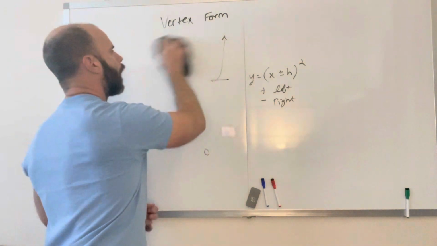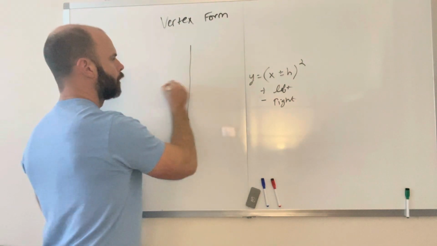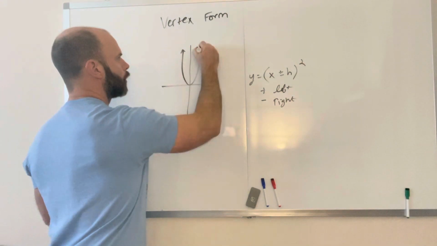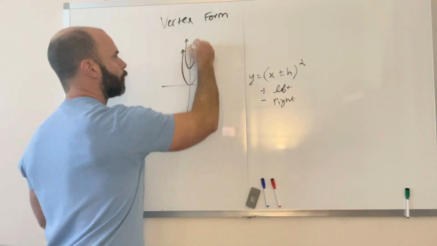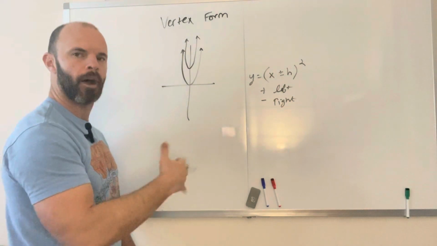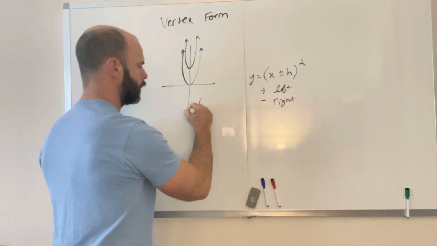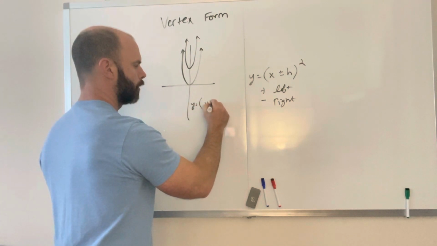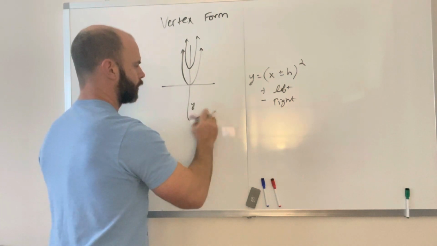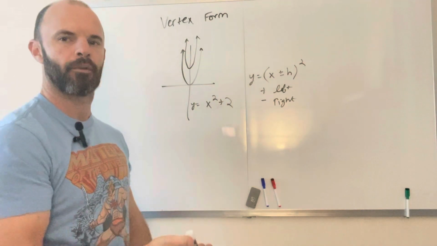Now, what if I want to make it move up or down? Same parent function, and I want it to go up by 2. Well, to move left or right, I'm inside the parentheses. To move up or down, I'm outside the parentheses. So let's try y equals x squared plus 2, because it's outside the parentheses.